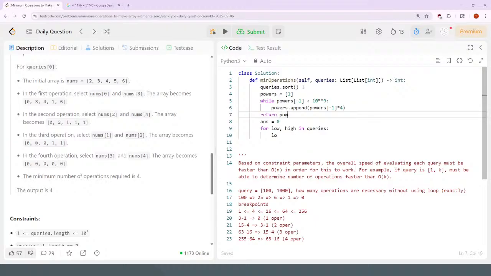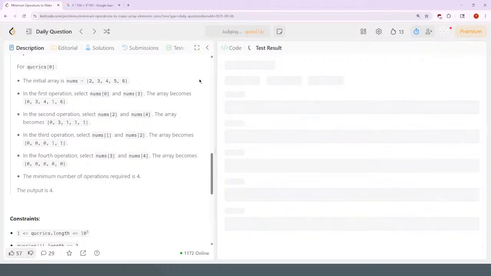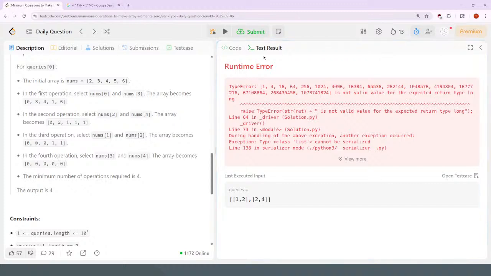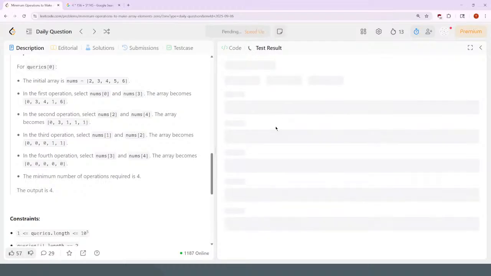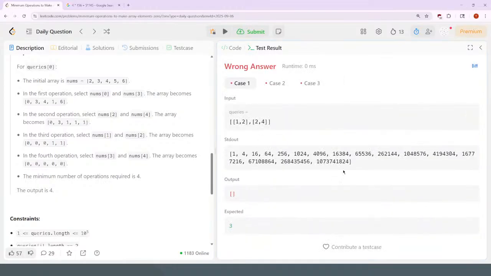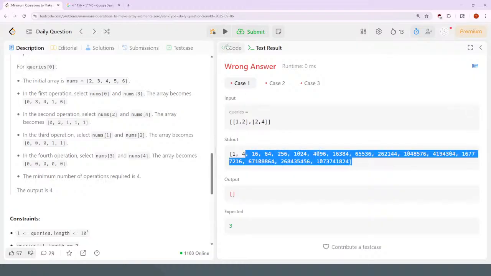I'm going to just print out powers. Make sure that's working. Error is not valid for expected return type. Return powers, I want to print powers. Okay, those are the biggest powers of 4.